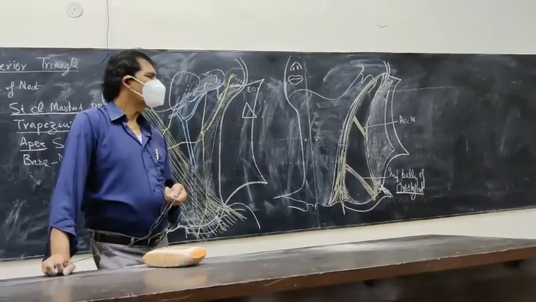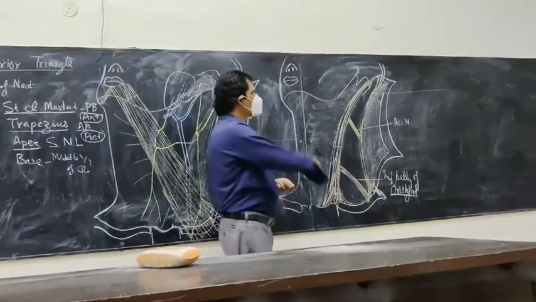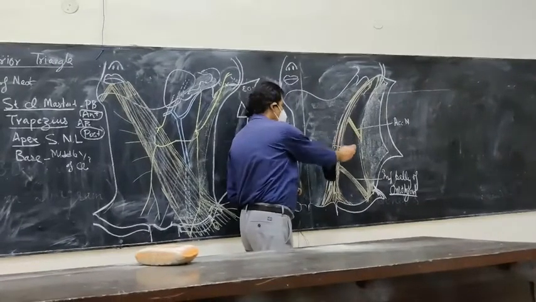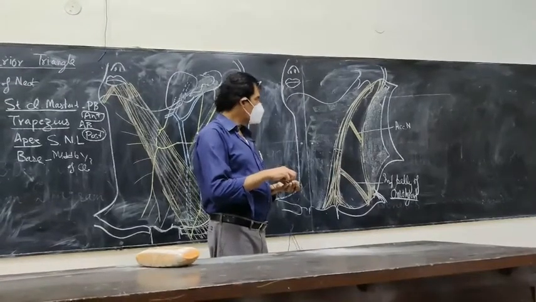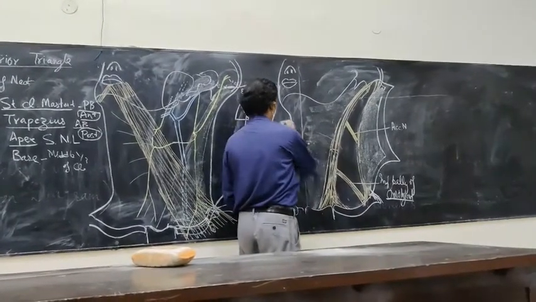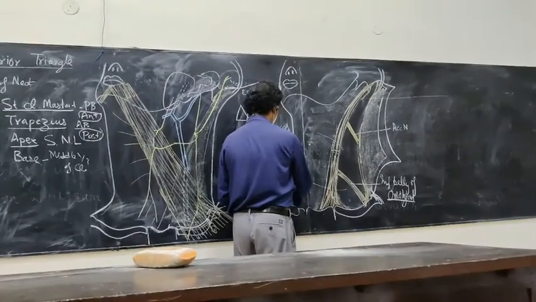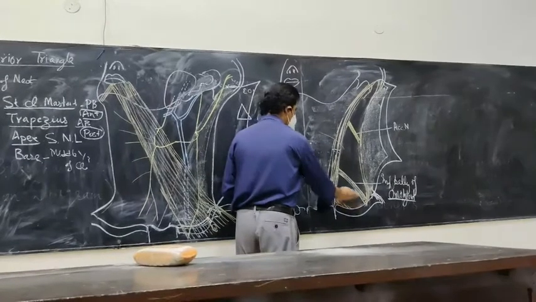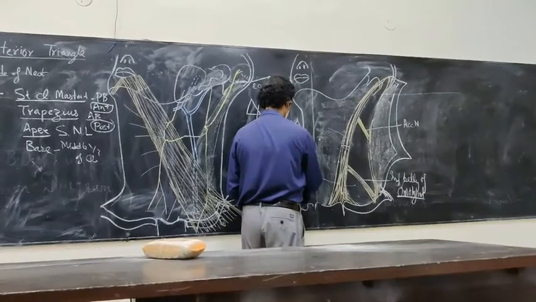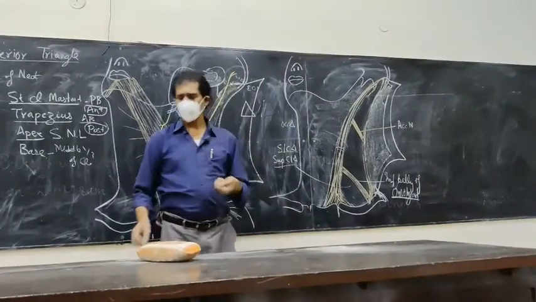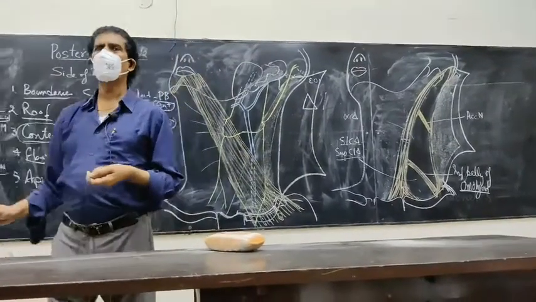So that muscle is seen in the lower part. Because of this muscle, the posterior triangle is divided into an upper larger and a smaller lower triangle. The upper larger triangle is called the occipital triangle, and the smaller one is called the subclavian triangle, or, as it is just above the clavicle, the supraclavicular triangle. The two triangles are created because of the presence of the inferior belly of the omohyoid.